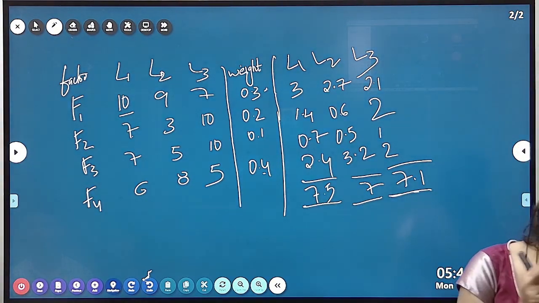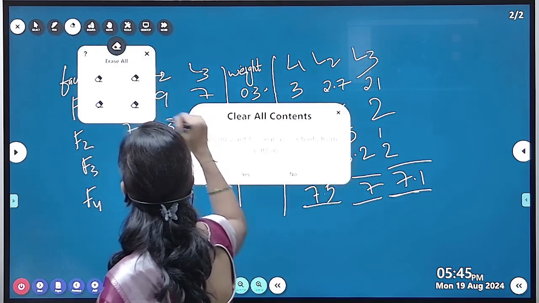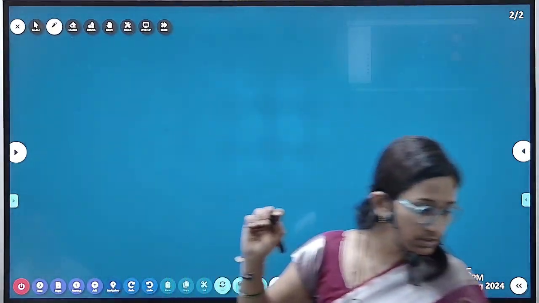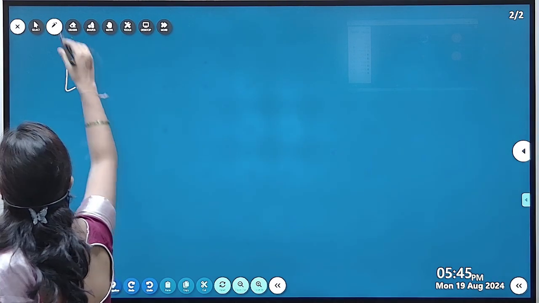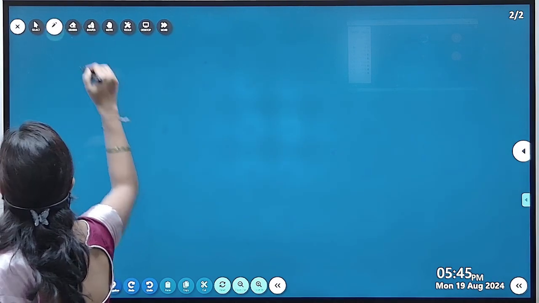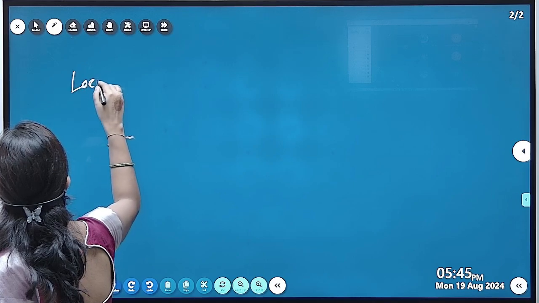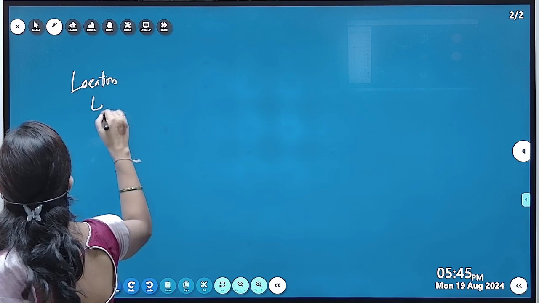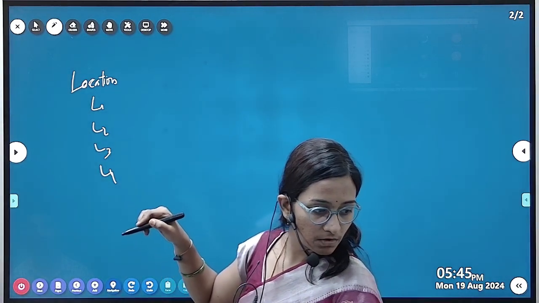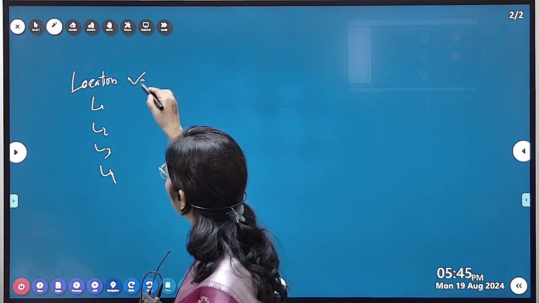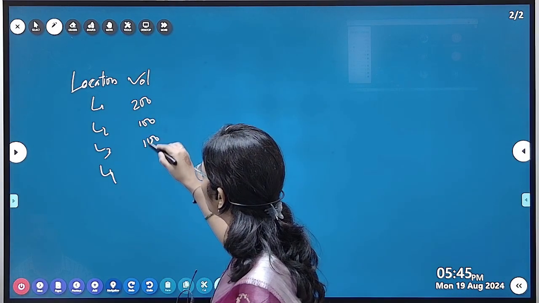This question is based on the center of gravity method. Okay, this question is based on the center of gravity method. So tell me locations L1, L2, L3, L4. Volume: 200, 100, 100, 200.